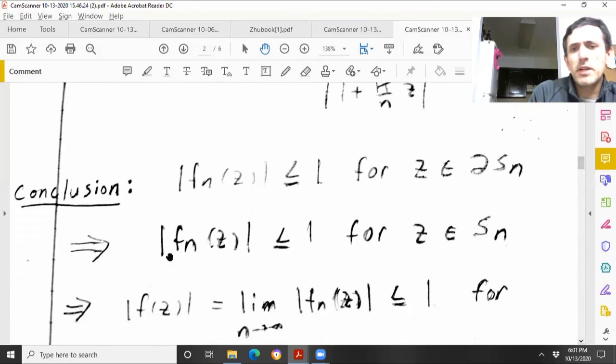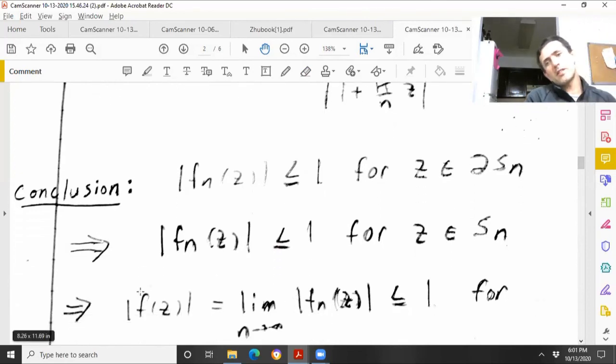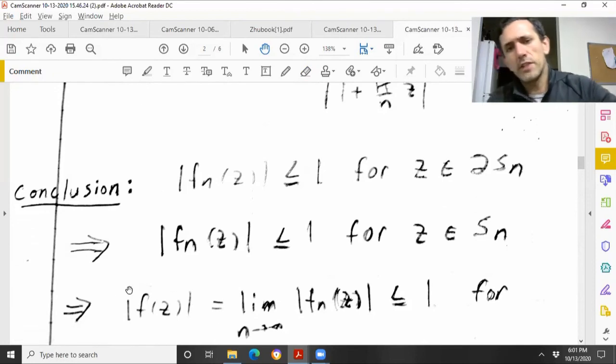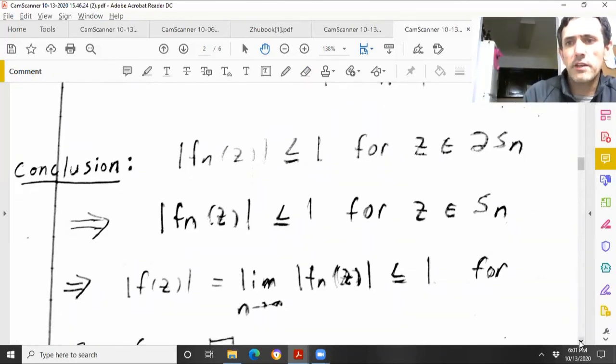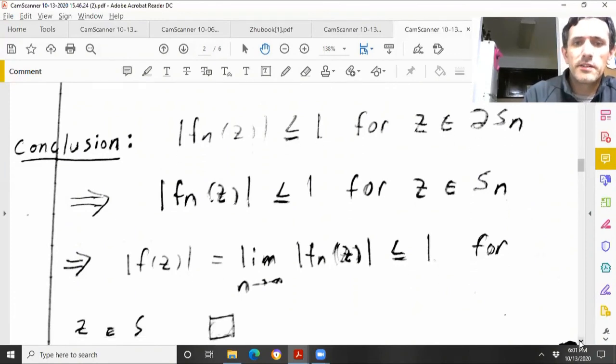Okay, so as I mentioned before, for fixed z, as n goes to infinity, Fn of z is f of z. And for large enough n, z is in Sn, as long as z is in S. So thanks to this little trick here, f of z in modulus is this limit. If z is in S, z is in Sn for large enough n.